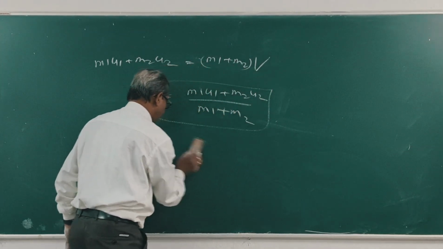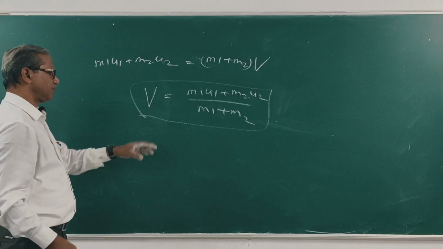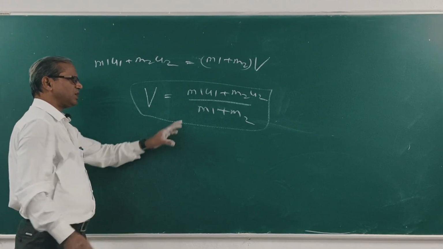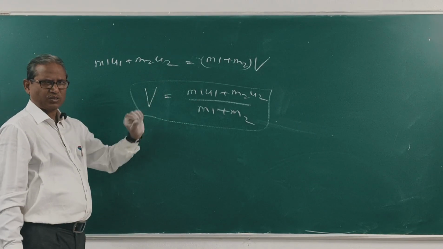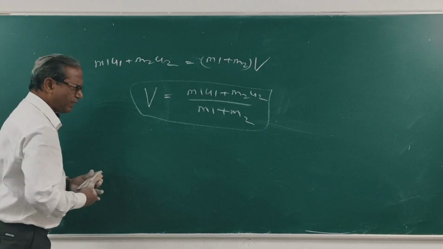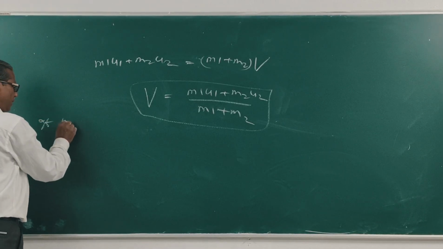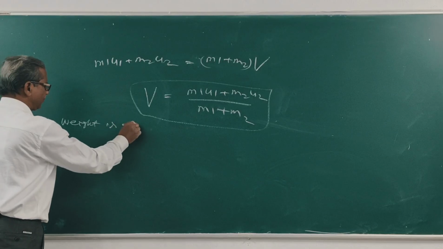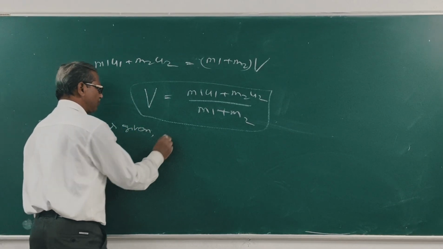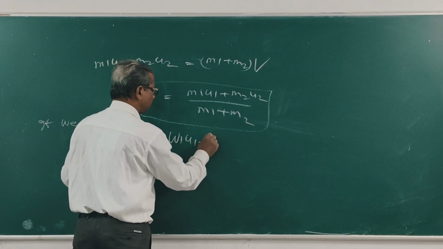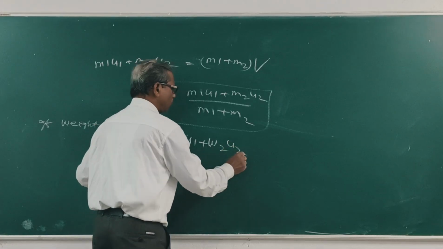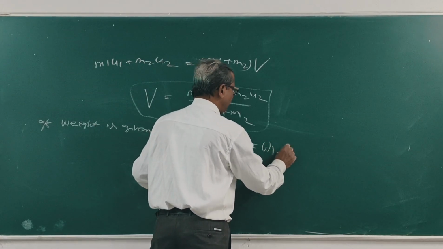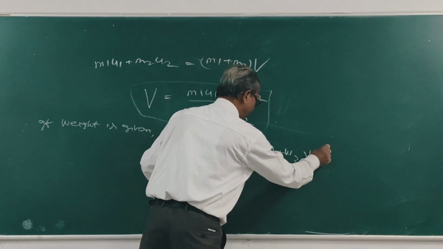Clear? So this is for mass. If mass is given in the question, you can apply this equation. If weight is given, then W1 u1 plus W2 u2 is equal to W1 plus W2 into v.